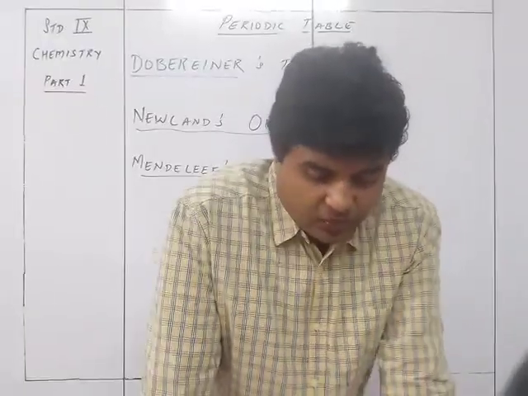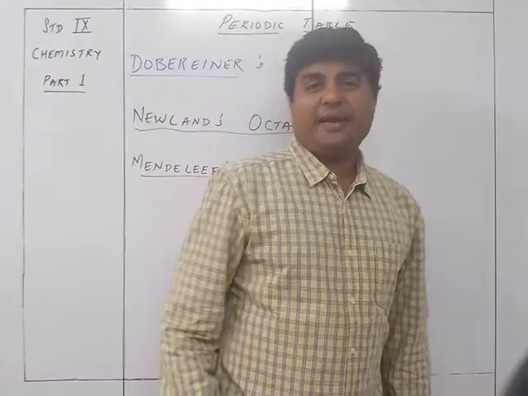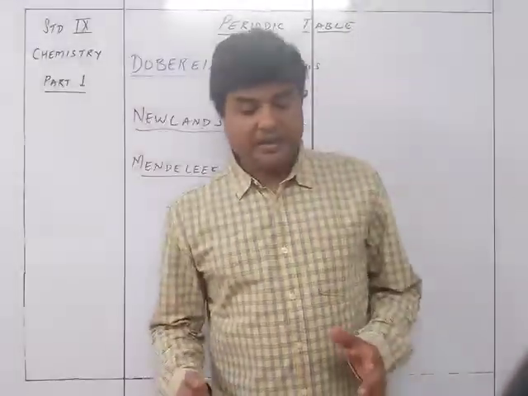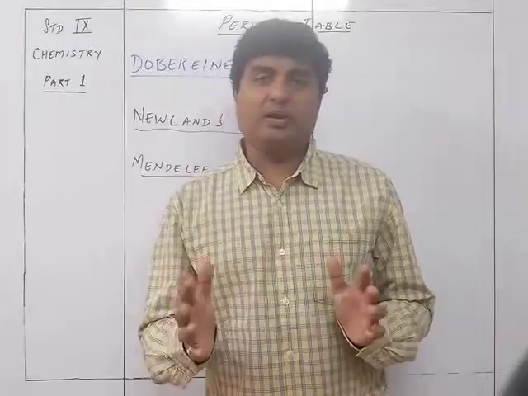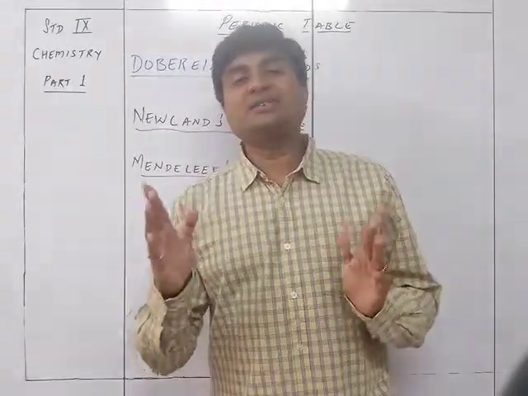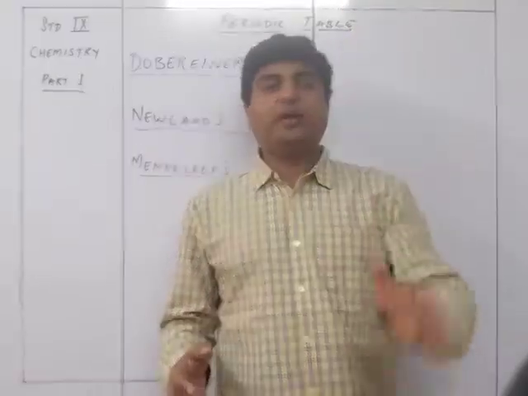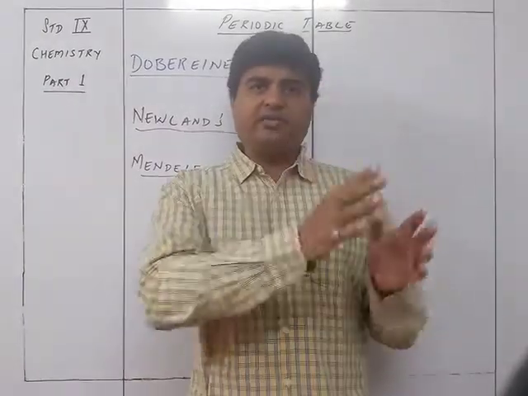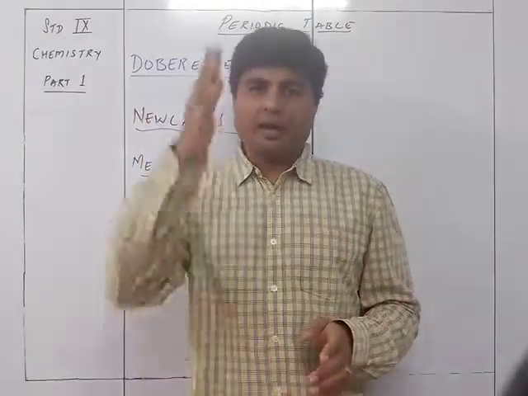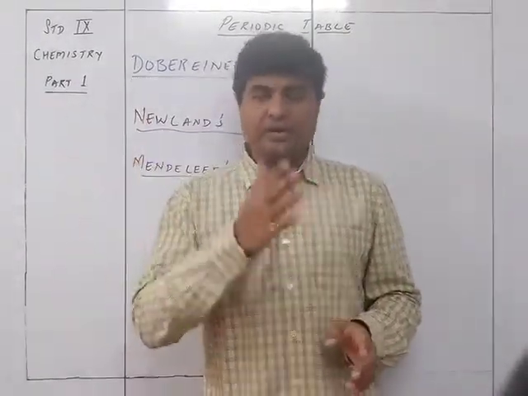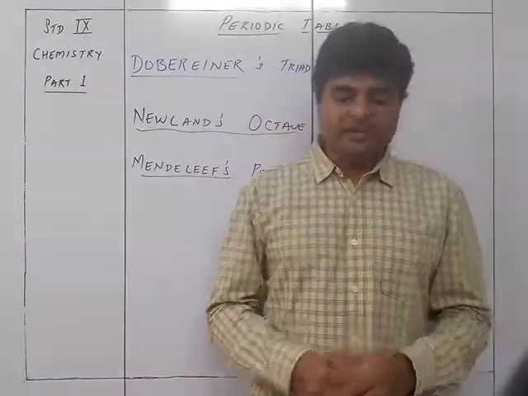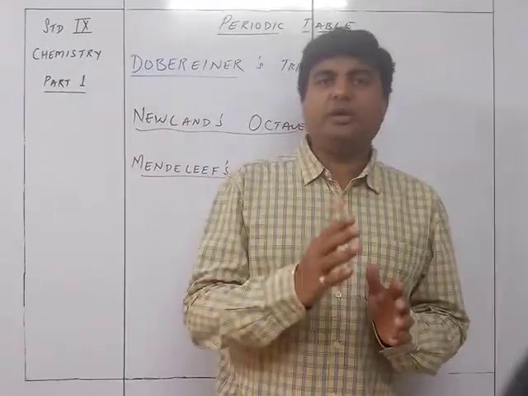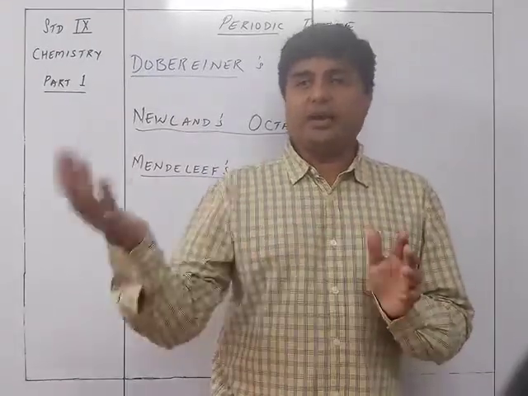So Mendeleev arranged everything in the form of a table, and he arranged them such that all the similar elements were grouped in one particular column, and each column has different characteristics of elements. Accordingly, each group has different characteristics, and there is a repetition of the properties of the elements at periodic intervals.